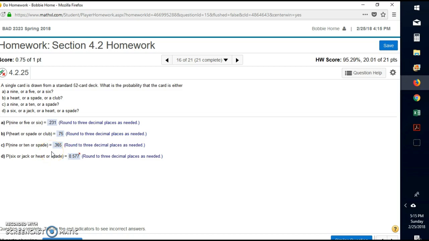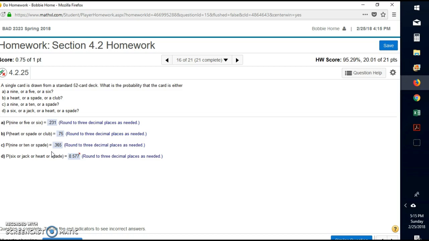Okay, and then the last one, you have a 6. There are 4 6s in a deck of cards out of 52 cards. 4 out of 52 simplifies to 1/13. And then there are 4 jacks in a deck of cards, so 4 out of 52 would be 1 out of 13.